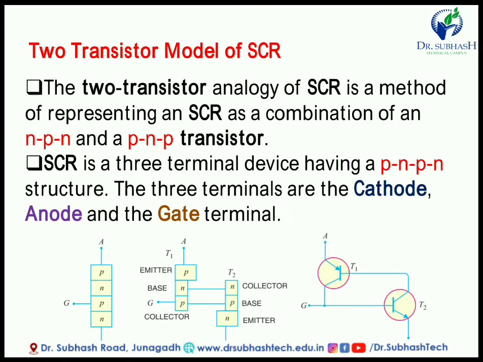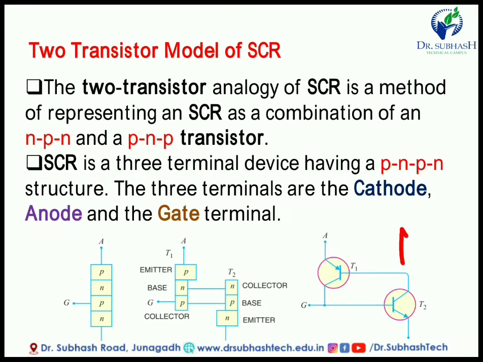In the VI characteristic of SCR, there are four different regions. The first is known as reverse blocking mode. The second region is forward blocking mode. The third region is conduction mode, which we will discuss in the last slide.